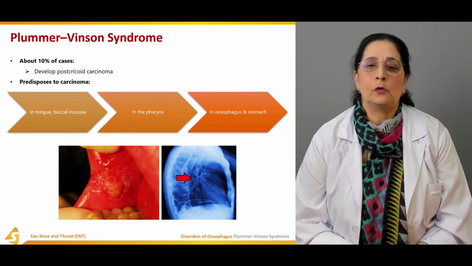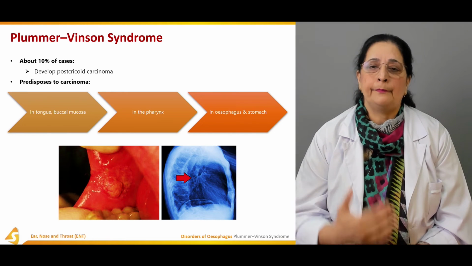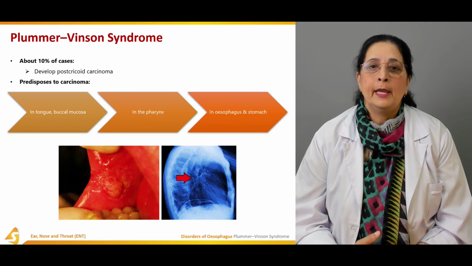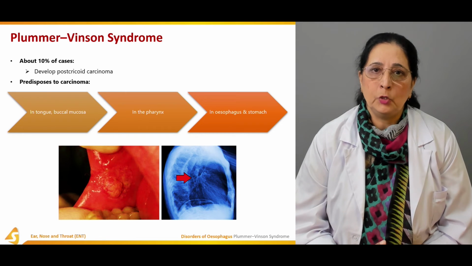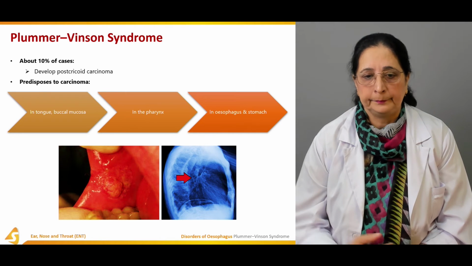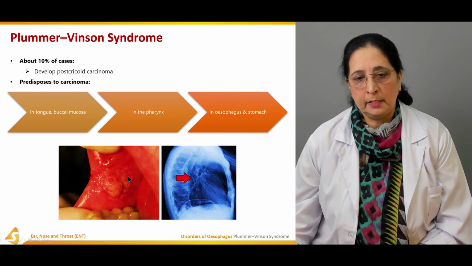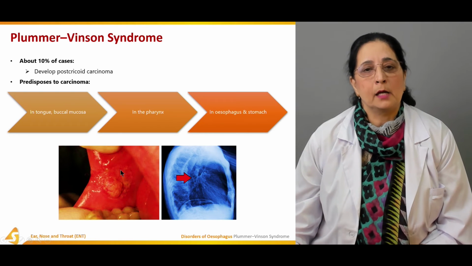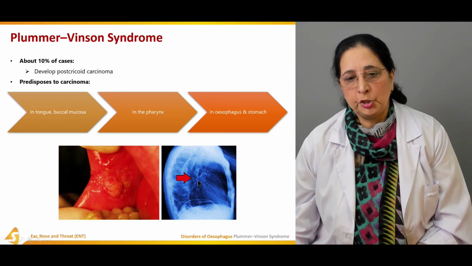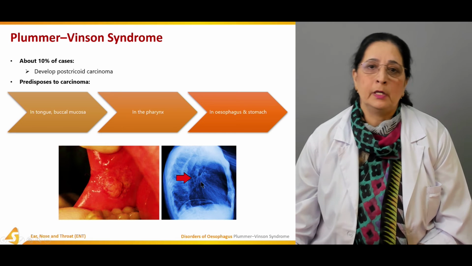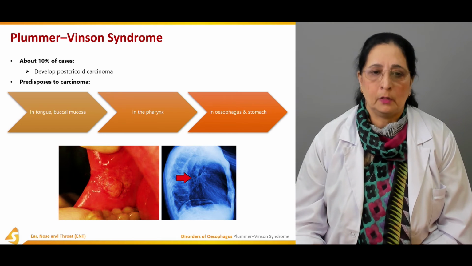So all these are the common sites in Plummer-Vinson syndrome in which carcinoma can develop. Here if you see ulceration or a mass present, that can be carcinoma. So biopsy should be performed to find out if it is carcinoma or not.